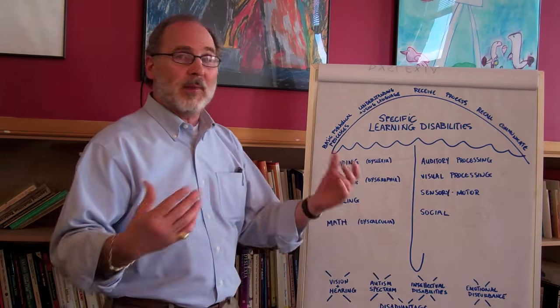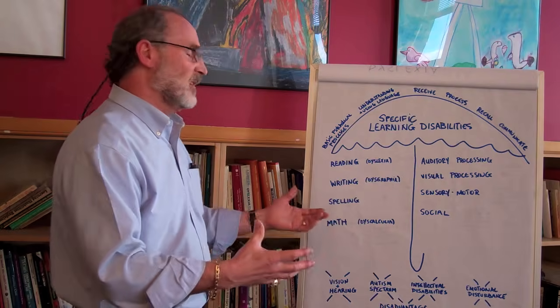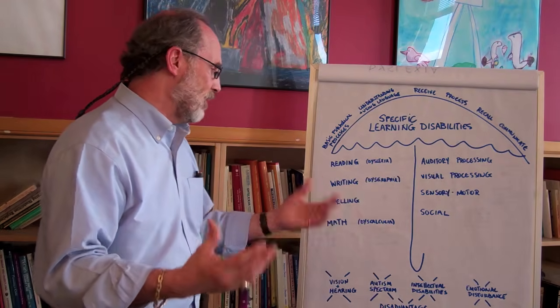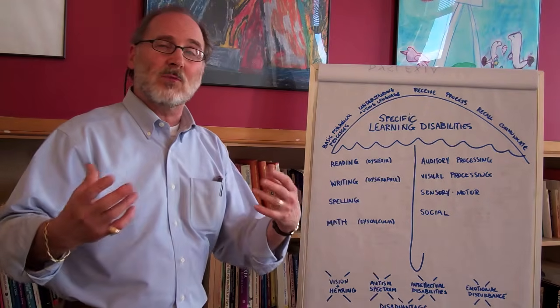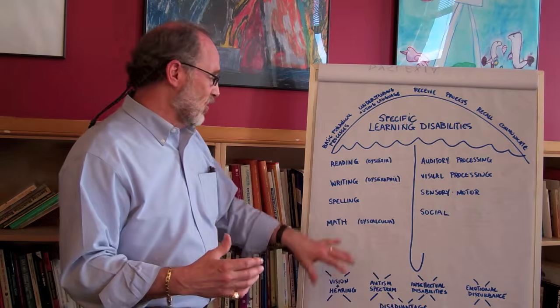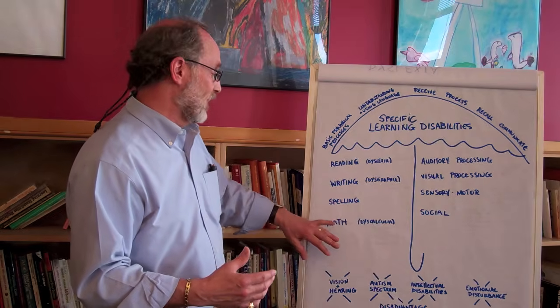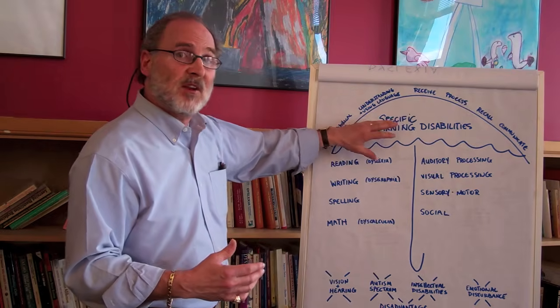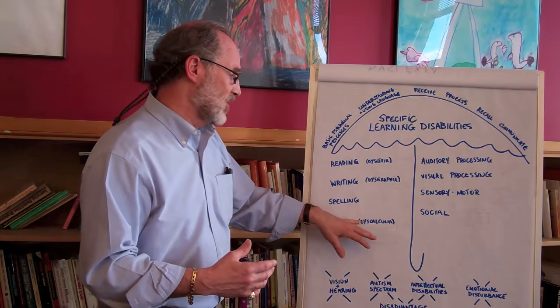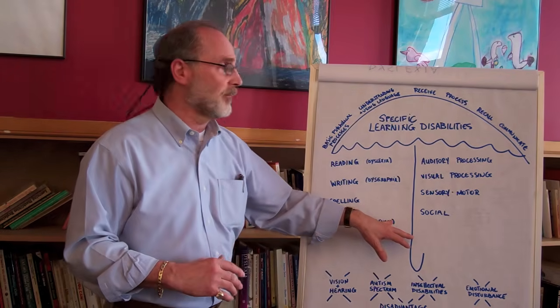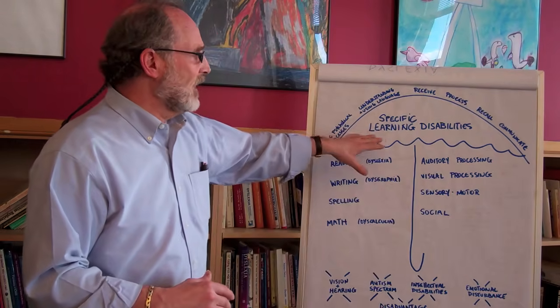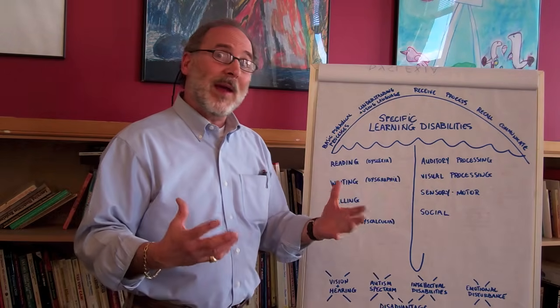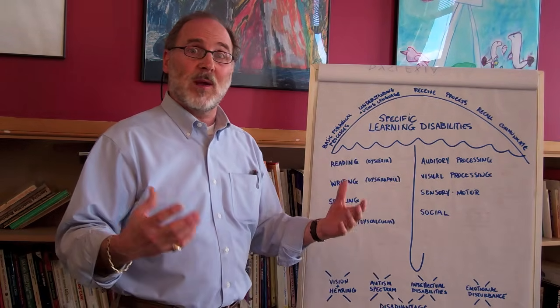It could be measurement, it could be estimating distances, and it could be counting and making money, it could be understanding patterns and rules, working with numbers. So it could be any number of things, but a specific learning disability in math is referred to as dyscalculia.